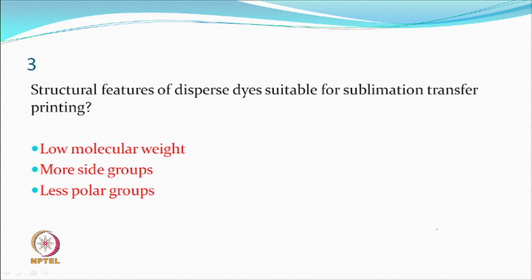So, molecular weight may be responsible, the side groups will be responsible, and less polar groups will also be responsible. That means ionic groups and other things, if they are less, then it will help in sublimation transfer. So, that is approximately the thing.